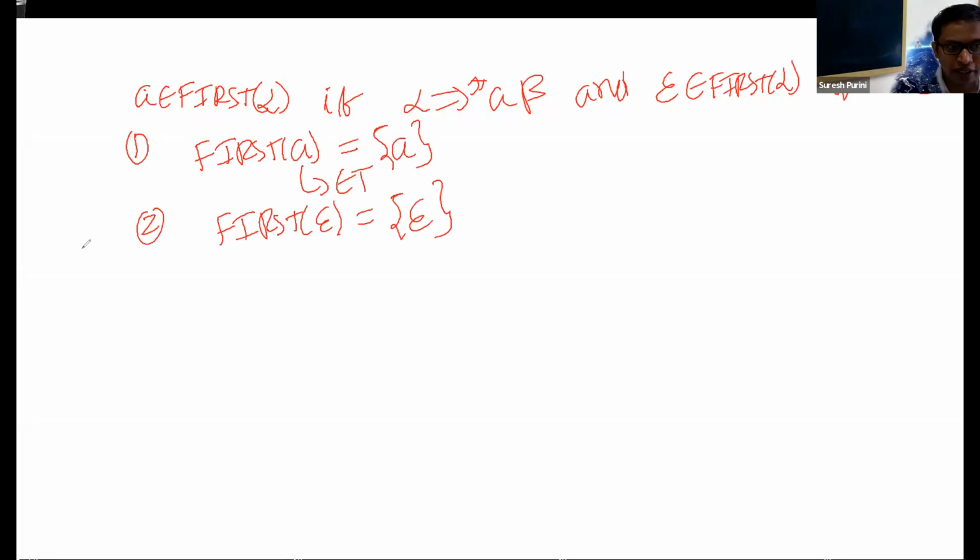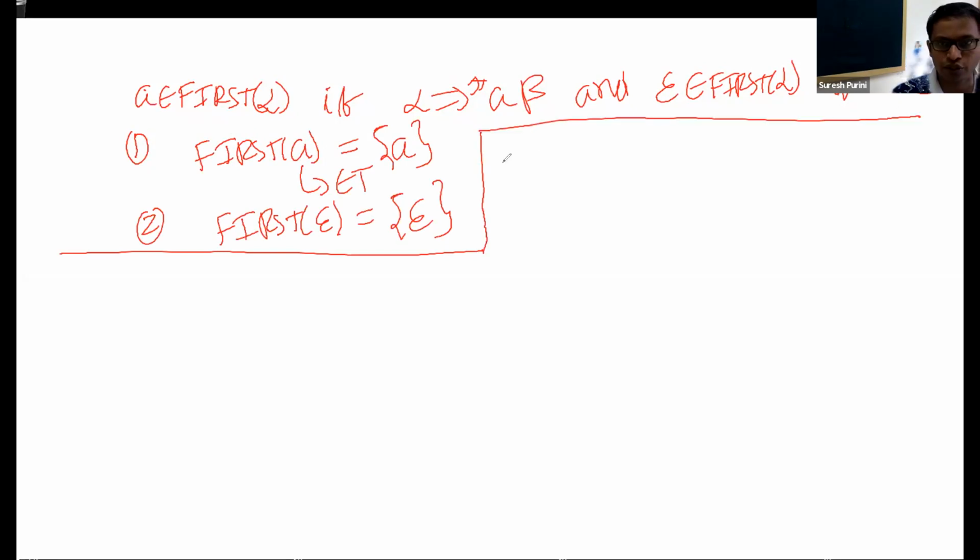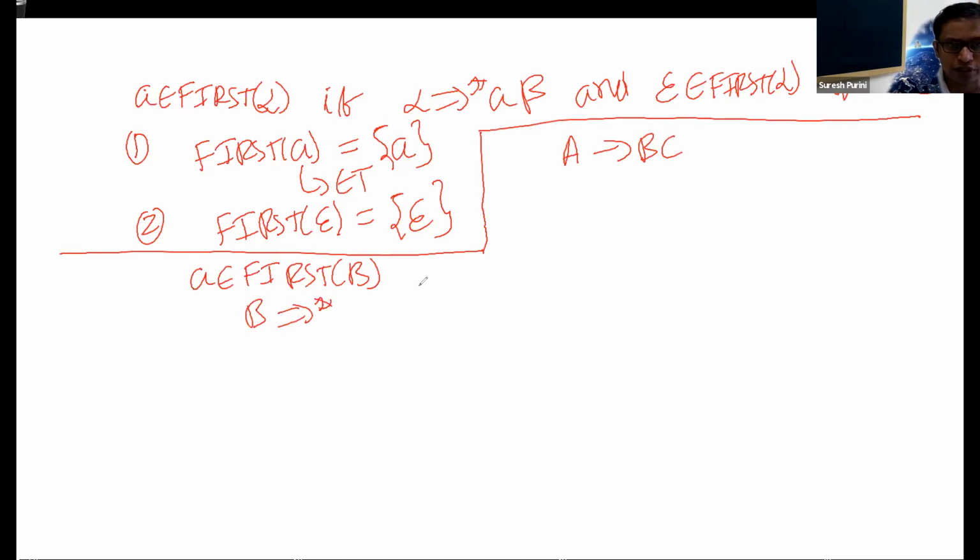So now we will take a slightly more involved case, that is we have a substitution rule like this. A goes to BC. If A goes to BC, and let's say if the terminal symbol a belongs to first of B, then what we have is from B in 0 or more steps, we can generate this intermediate form like a beta.